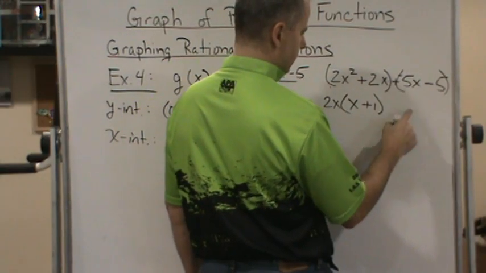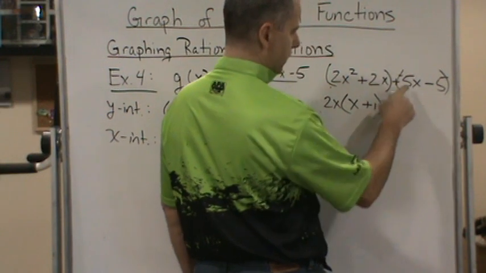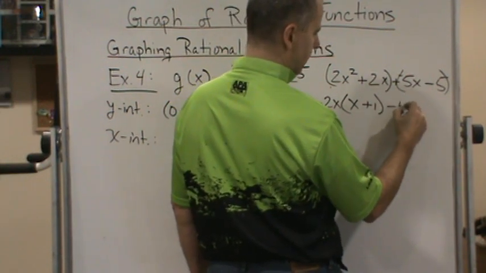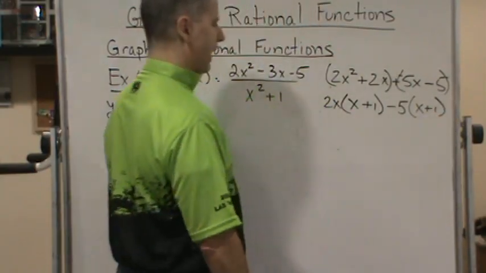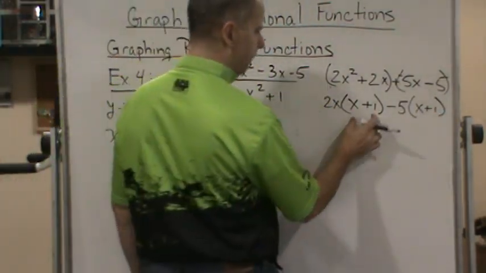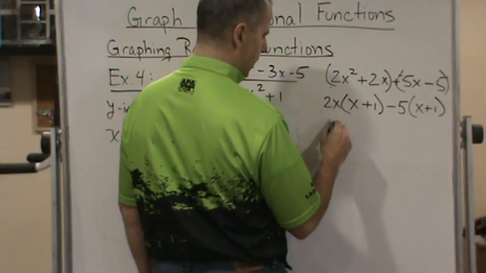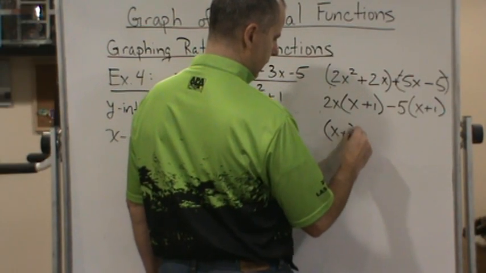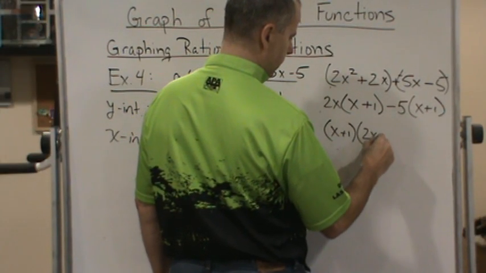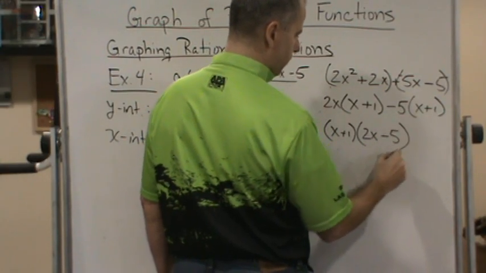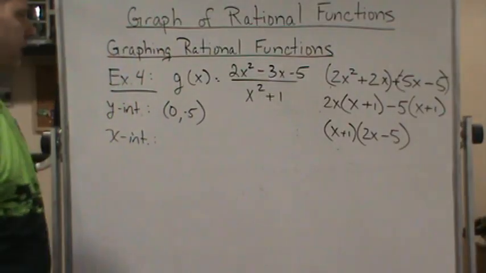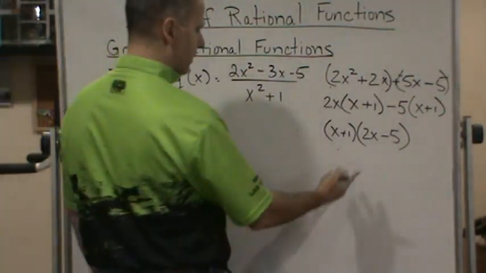So that gives me this. And then minus, because I'm going to factor out a negative 5, gives me that. And now I have a common factor again. So I'm going to pull out the x plus 1, and that leaves me left over 2x minus 5. And those are my two factors. Okay, so that's the numerator.